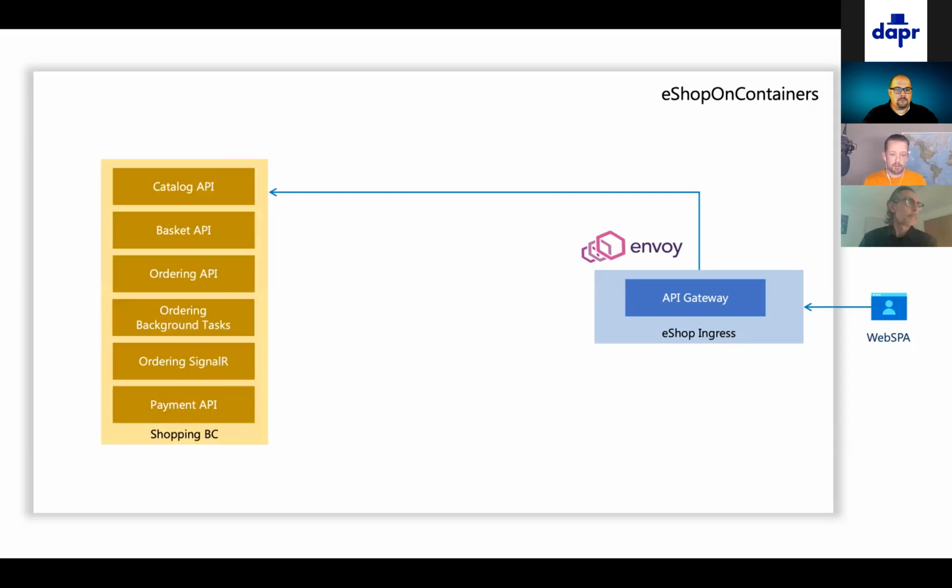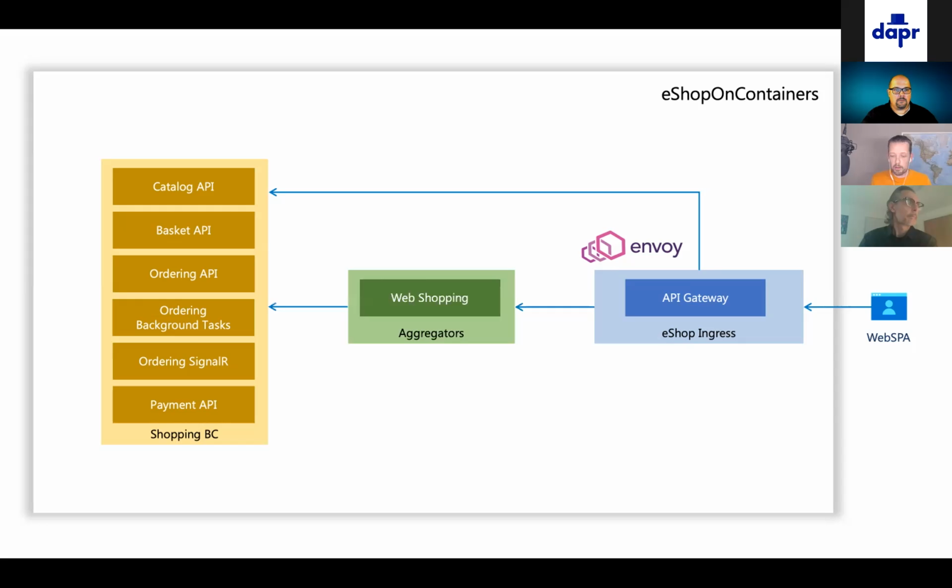And there's a whole lot of backend services. For example, the catalog contains all the products that you can buy. The basket API stores the shopping carts. The ordering API is for the ordering process, and so forth. Now, there may be some more functionally complex calls which require more than a single call to a backend service.